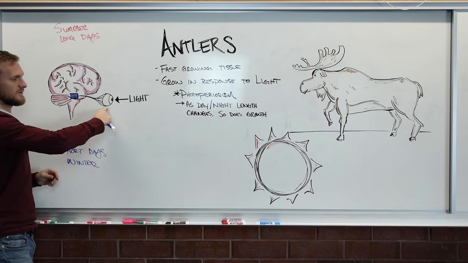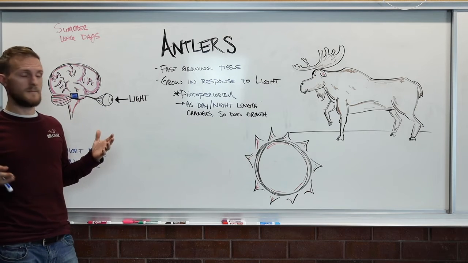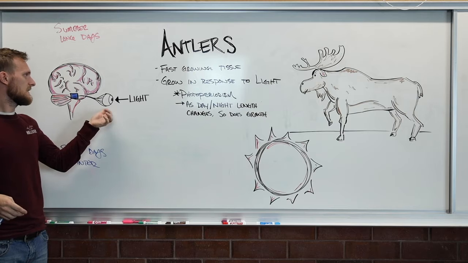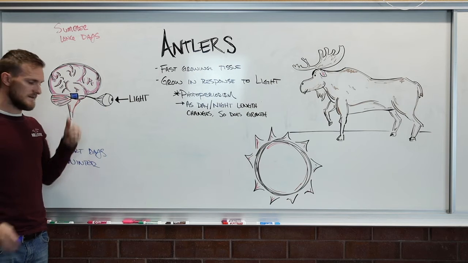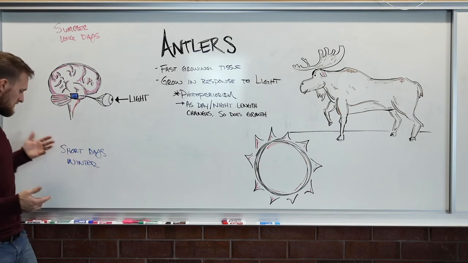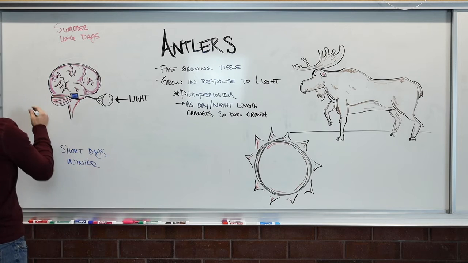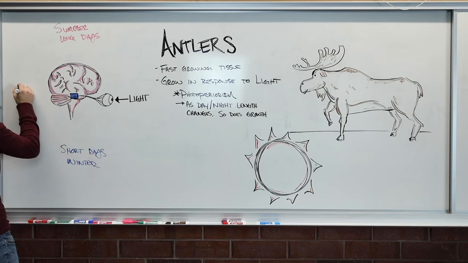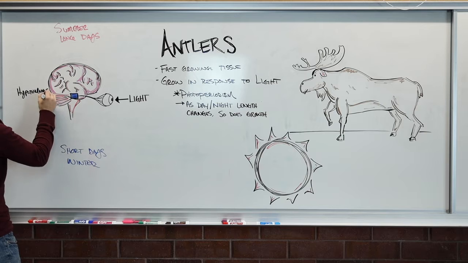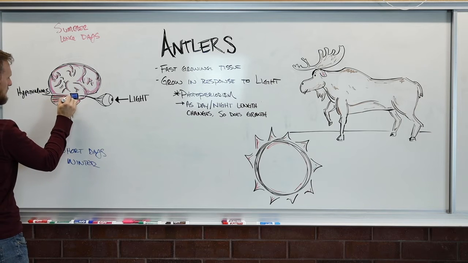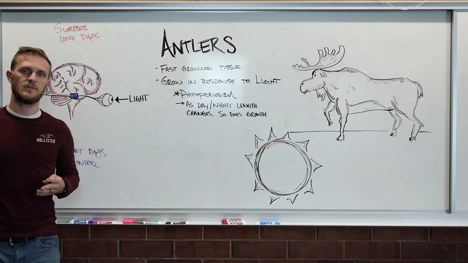As light enters the eye, and this is true for all mammals, it actually triggers a center of the brain that we've already kind of talked about in class with temperature regulation. That is the hypothalamus.